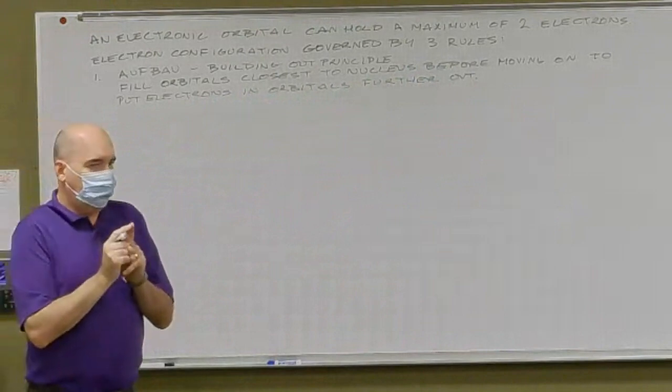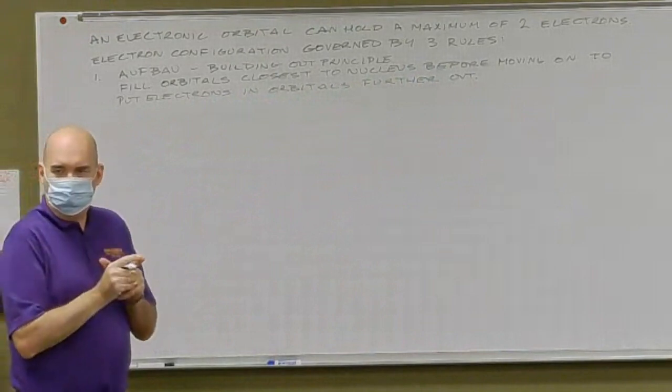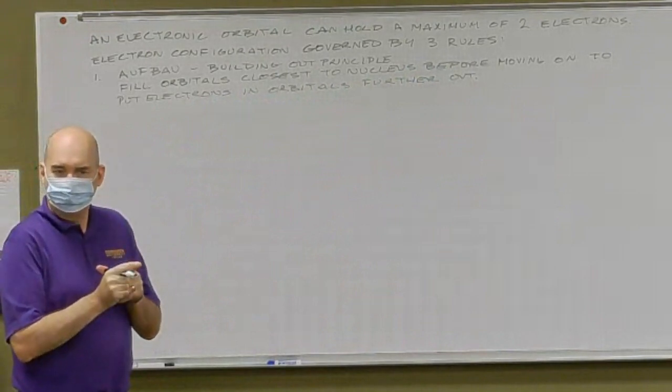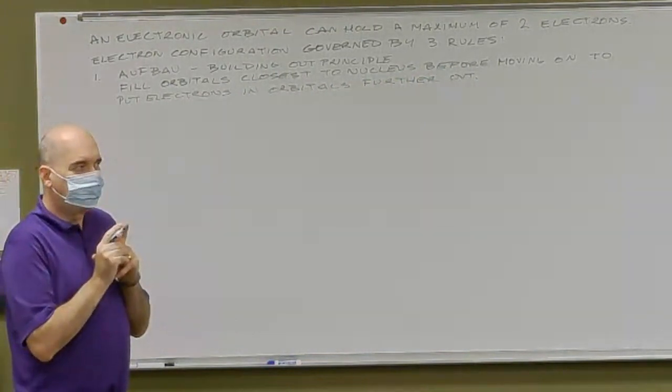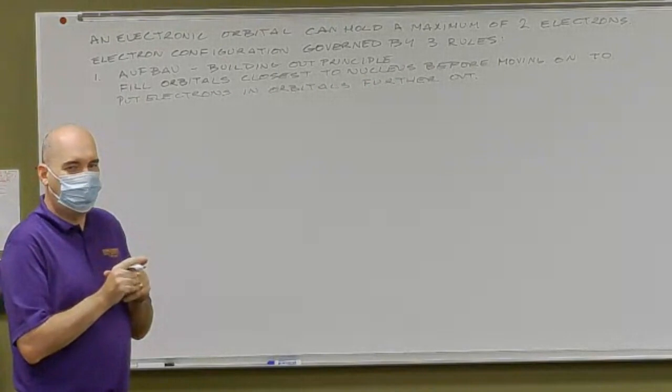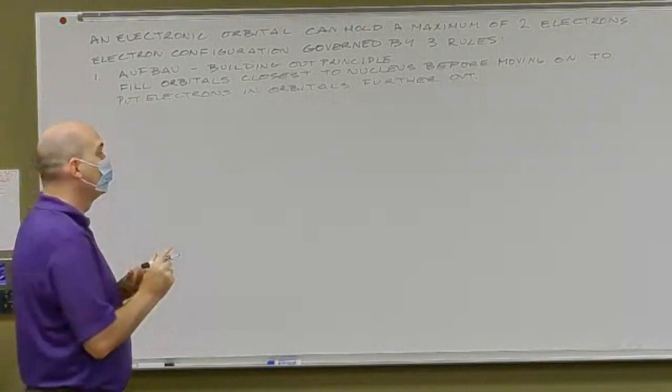Our orbitals are named S, P, and D. And they are named also by the period that they are in.